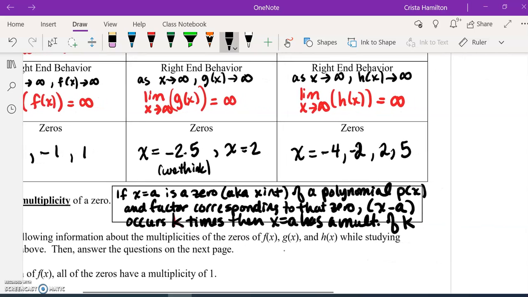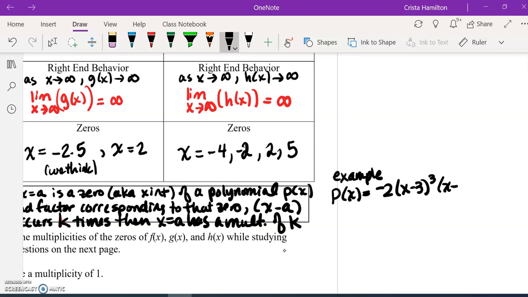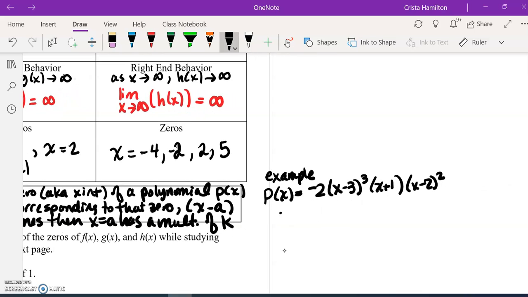And what we really mean by that is, if you think about the polynomial, we've seen some examples of this before. Let me do a little example over here. If p of x was negative 2 times (x minus 3) cubed, times (x plus 1), times (x minus 2) squared. If I had a polynomial like that, our zeros are going to be x equals 3, x equals negative 1, and x equals 2. Notice that the factor for 3 occurs 3 times.